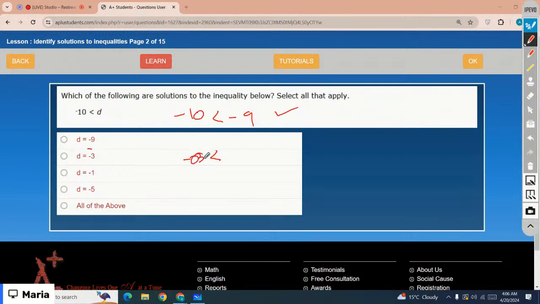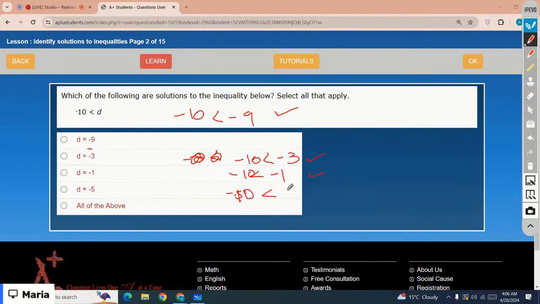Negative 3, sorry, negative 10 is less than negative 3. True it is, right? Negative 10 is less than negative 1. True it is.